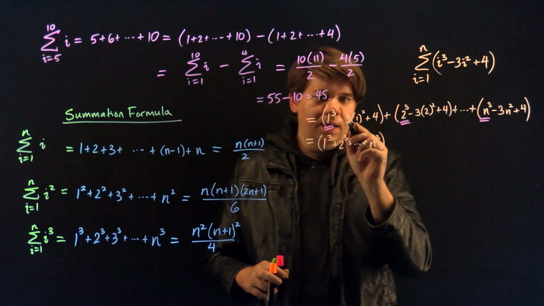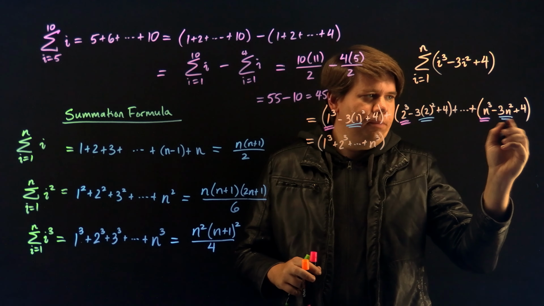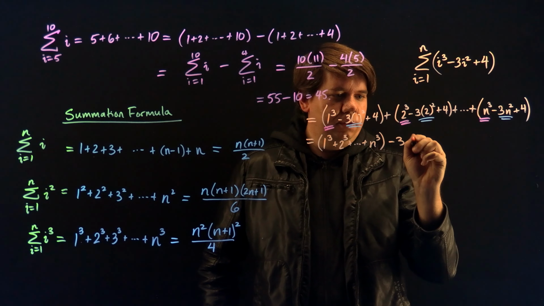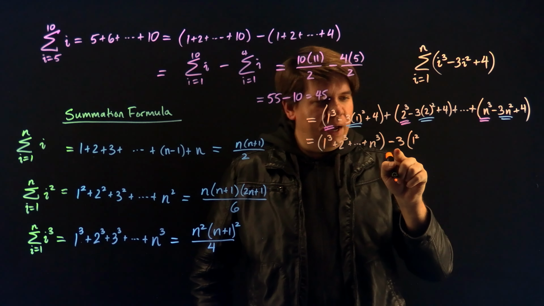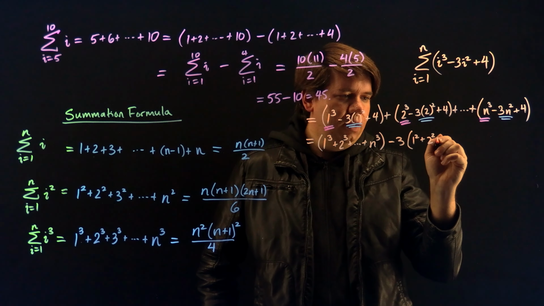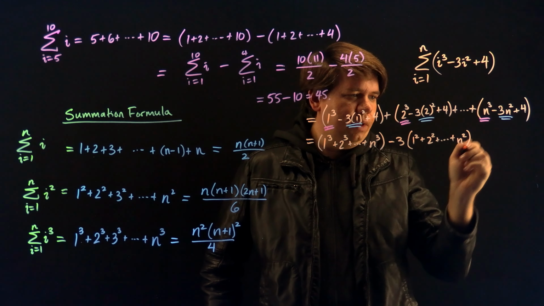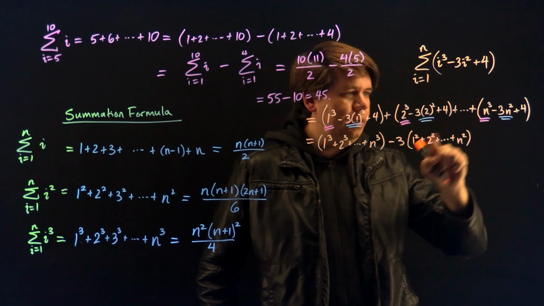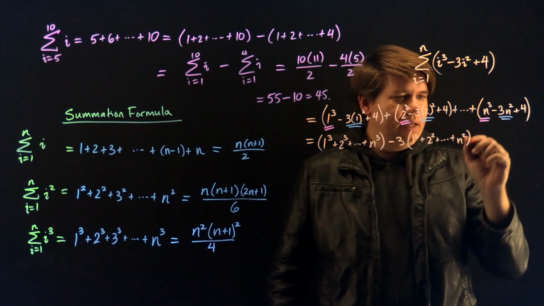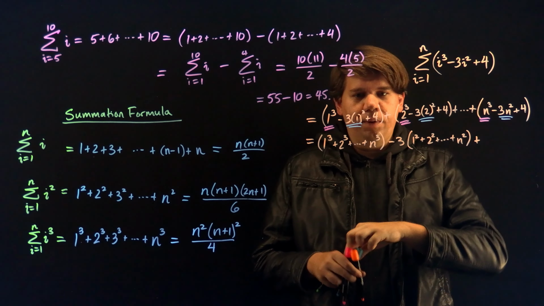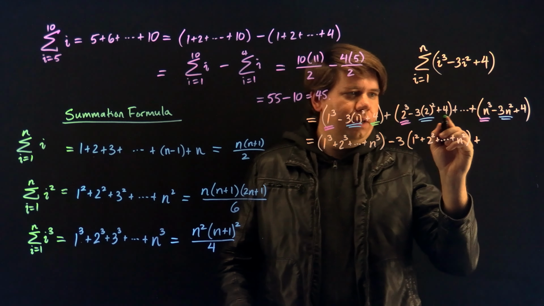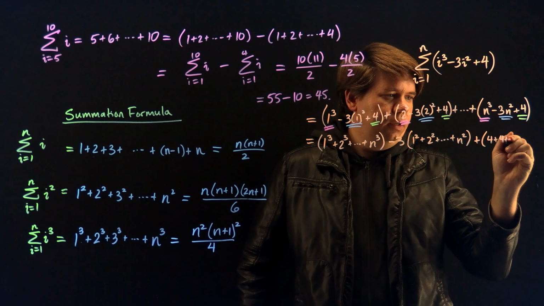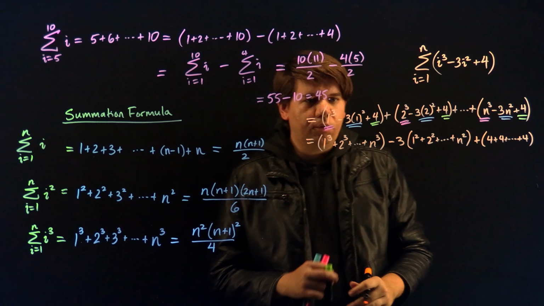Next, we'll group together all of these next terms to get something of the form minus 3 times 1 squared, minus 3 times 2 squared. I can just pull out the minus 3, so I can say plus 2 squared, plus all the way through n squared, because if I distribute the minus 3, I get minus 3 times 1 squared, minus 3 times 2 squared, through minus 3 times n squared. And then finally, I just have a whole bunch of copies of 4 laying around. Plus 4 plus 4, just a whole bunch of copies of 4.